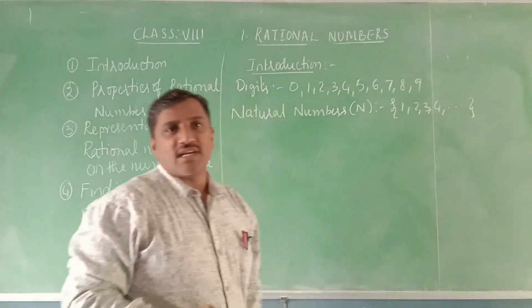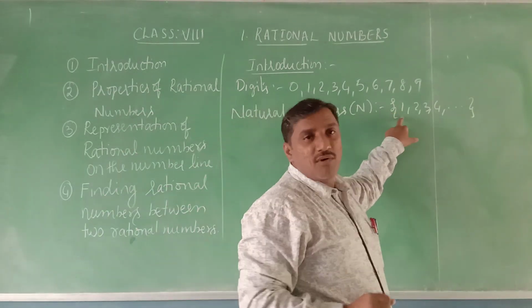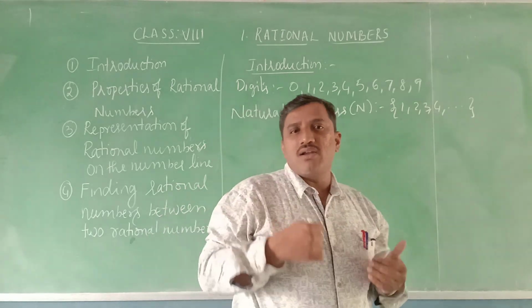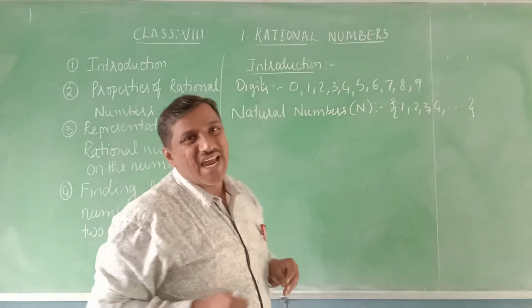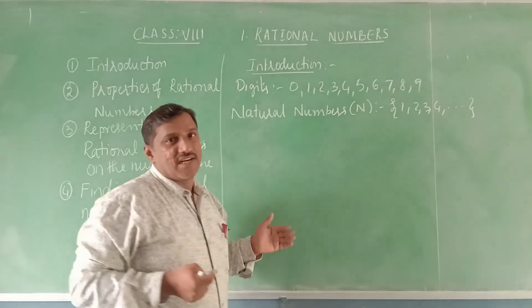The first, least and smallest natural number is 1. There is no largest natural number because there is no end, and we call it infinity.